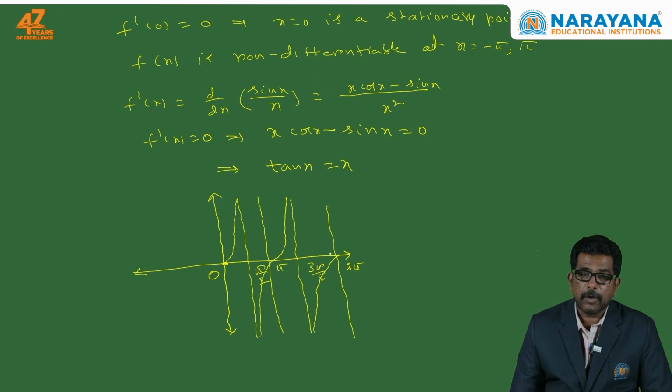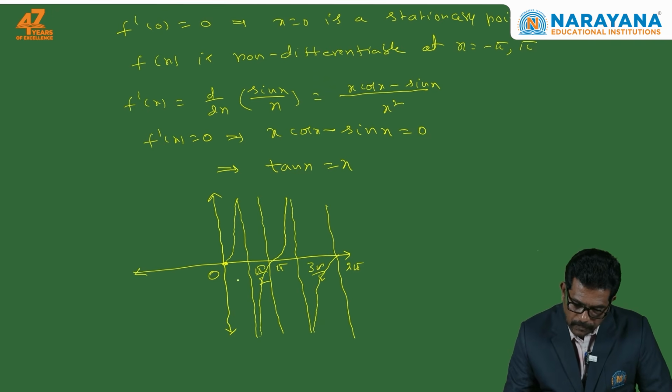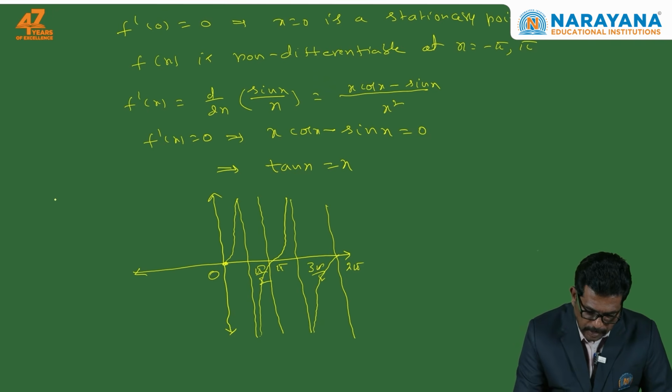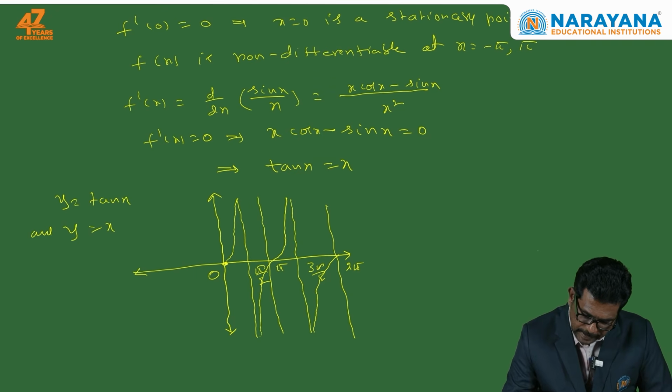Here we are going to draw the graphs of y is equal to tan x and y is equal to x. This is the line y is equal to x.